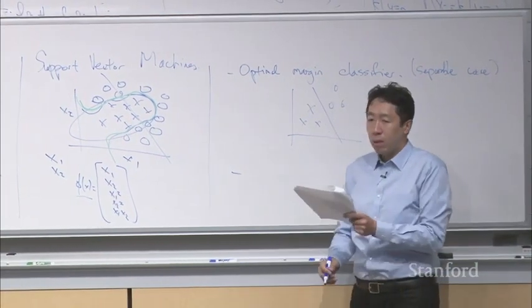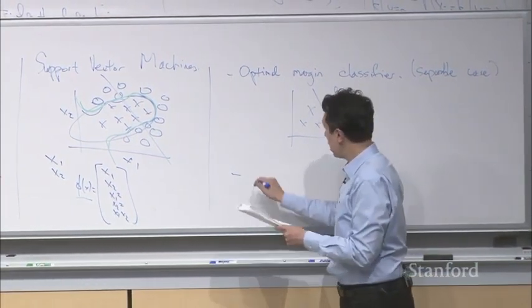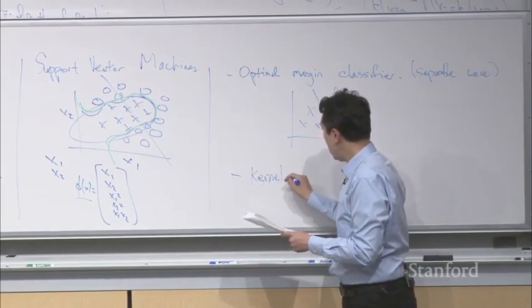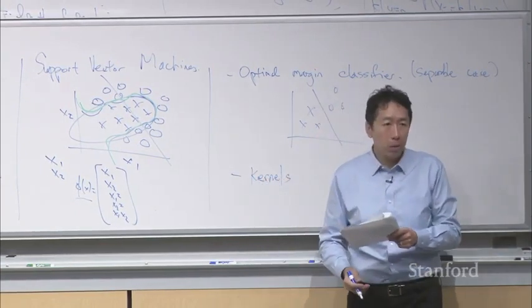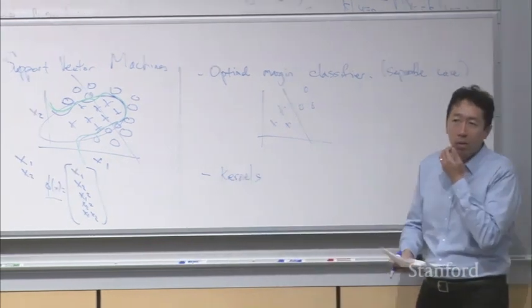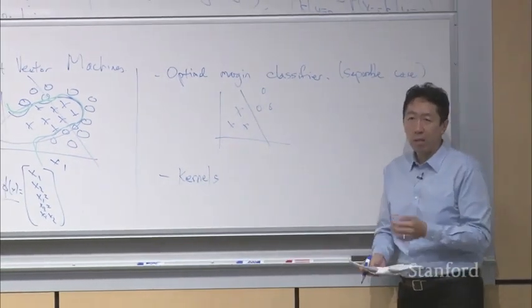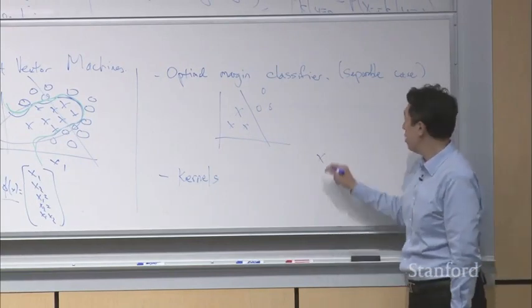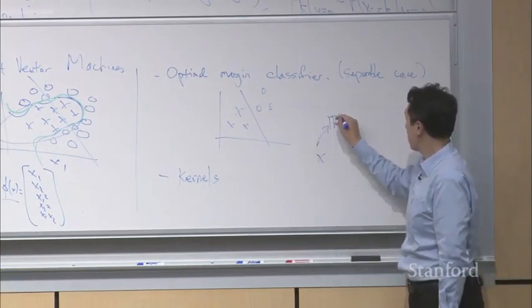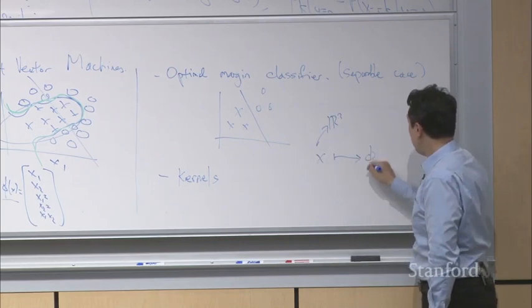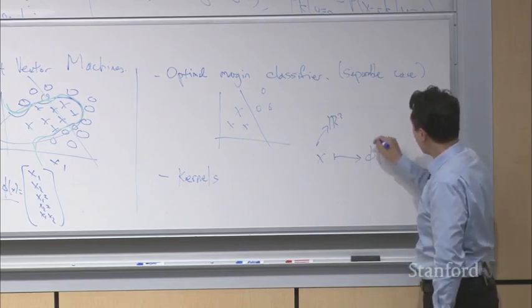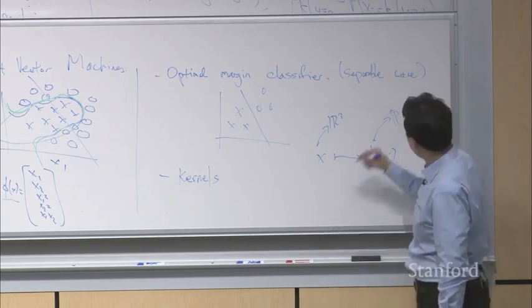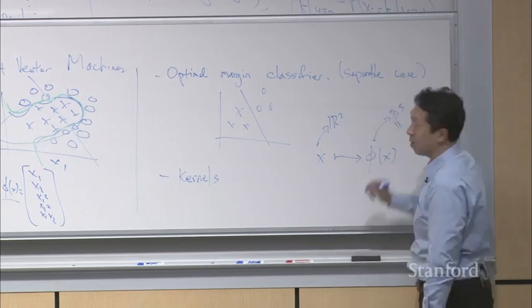And then what you see next Monday is an idea called kernels. And the kernel idea is one of the most powerful ideas in machine learning: how do you take a feature vector x, maybe this is R2, right, and map it to a much higher dimensional set of features. In our example there, that was R5, right?